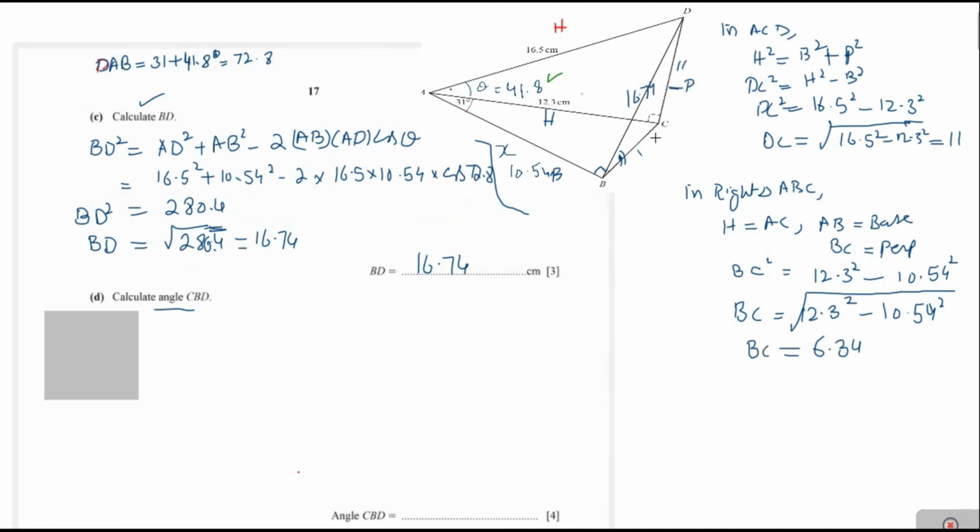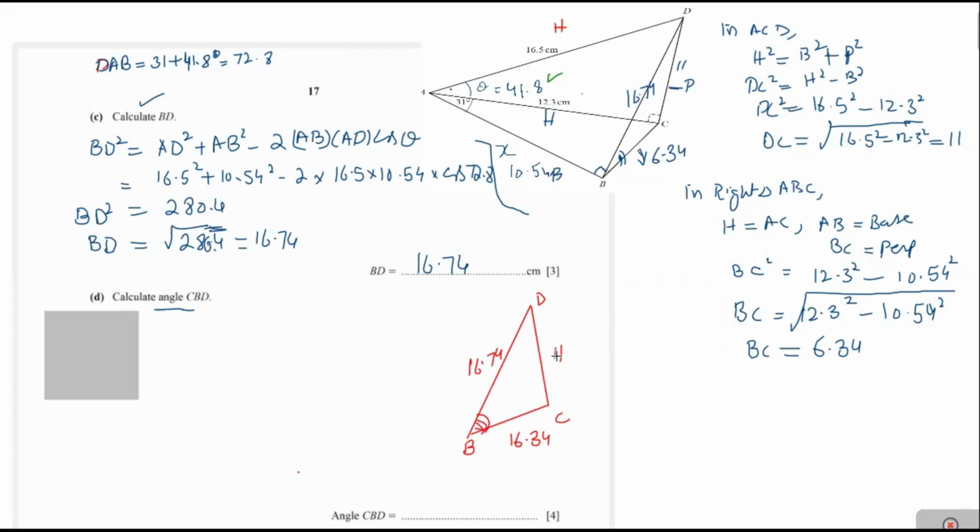You see here, this length is 6.34. Now we take this triangle, this is BC, and this is CD, and the length is 11, this length is 6.34, and this length is 16.74. Now we have to find this angle.